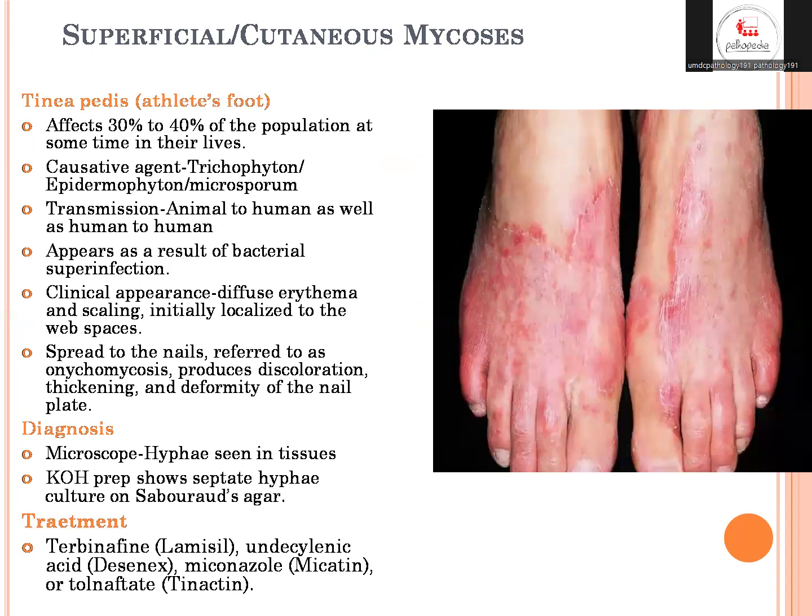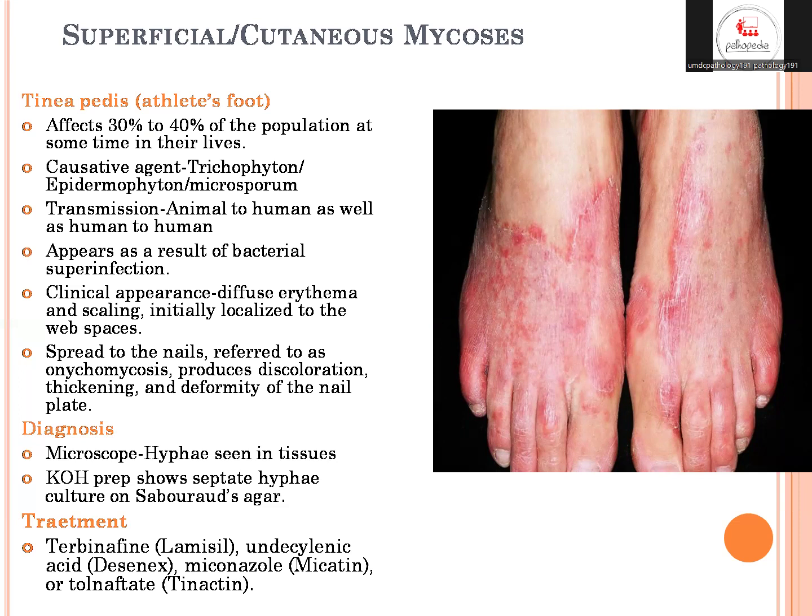Another type of cutaneous mycosis is tinea pedis, also called athlete's foot, as shown in the picture. It affects 30 to 40% of the population at some time in their lives. Caused due to Trichophyton, Epidermophyton, and Microsporum, and transmitted from animal to human as well as human to human.